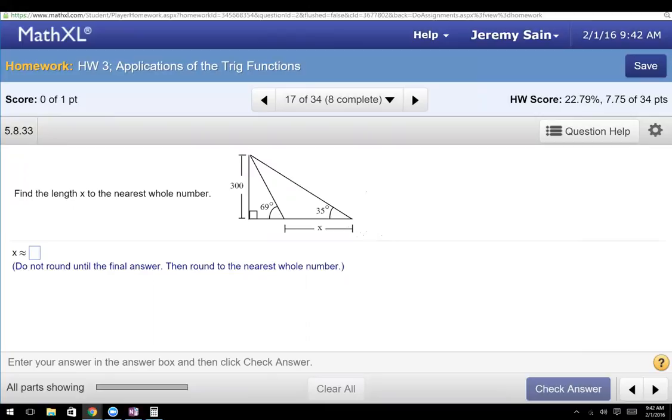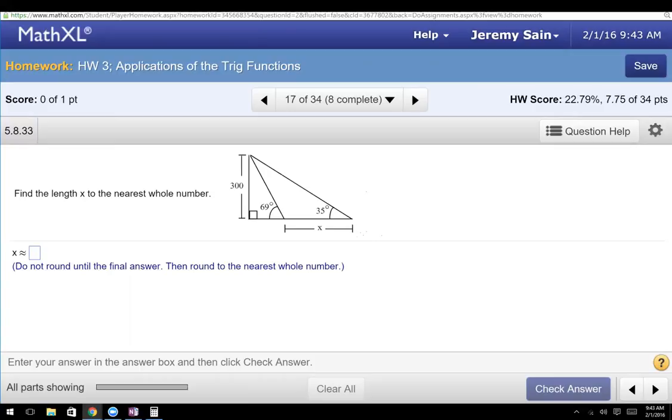This is going to be the same sort of thing. We're going to get the whole length and then subtract the little bitty part. So how would we get the whole length? If you're just getting x, wouldn't you do 69, 10, 35?